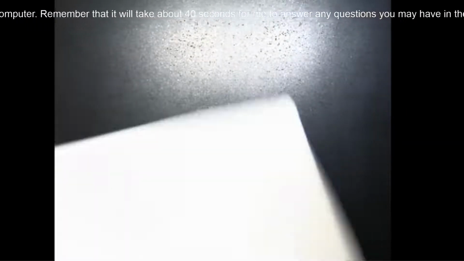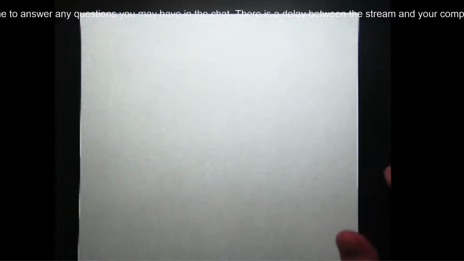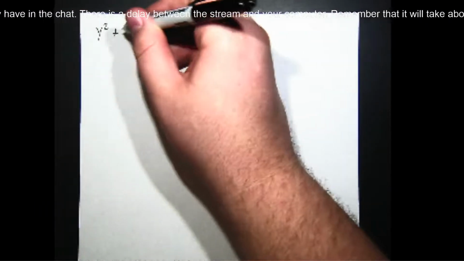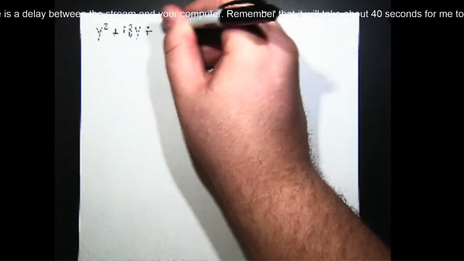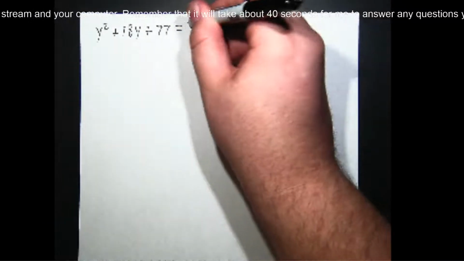Next one says solve the following quadratic equation by using the quadratic formula. So I'm going to get a new piece of paper just for that. The equation it gives us is y squared plus 18y plus 77 equals 0.